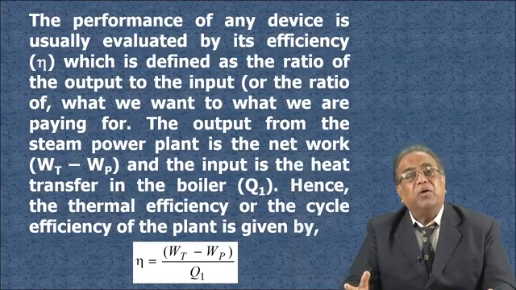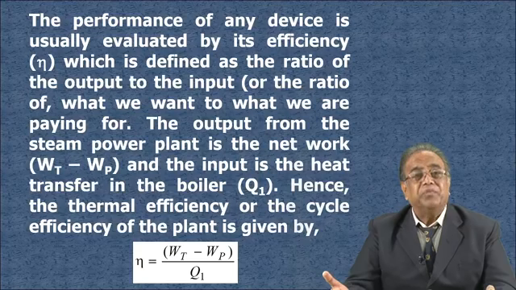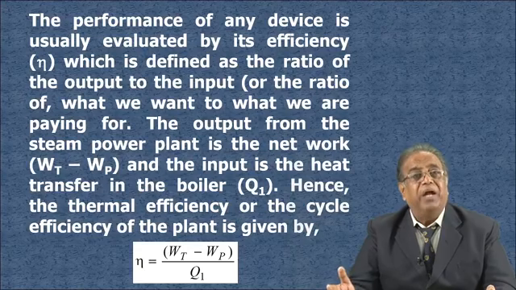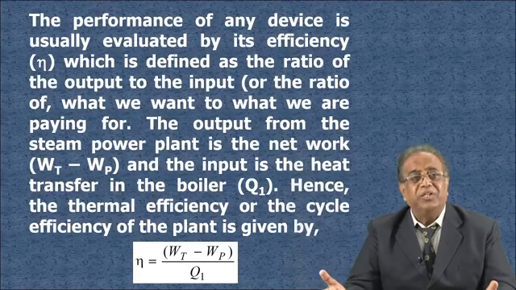The performance of any device is usually evaluated by its efficiency. So here eta represents the efficiency, which is the ratio of the output to the input, or we can also say that efficiency can be defined as the ratio of what we want to what we are paying for.